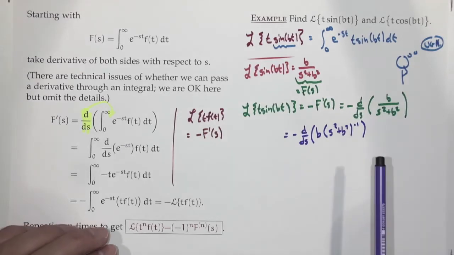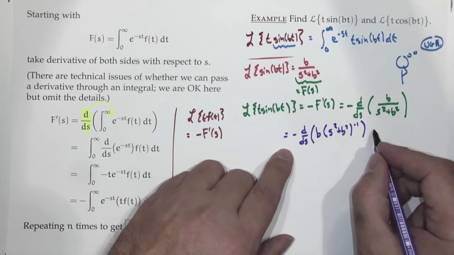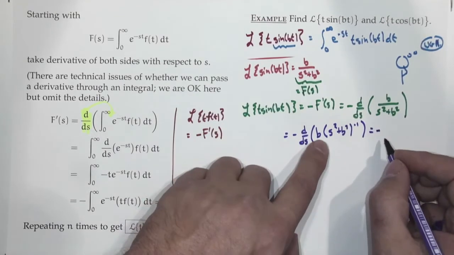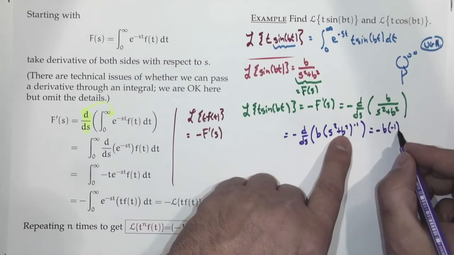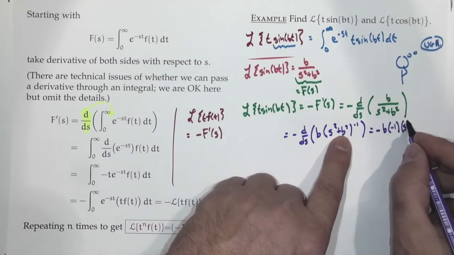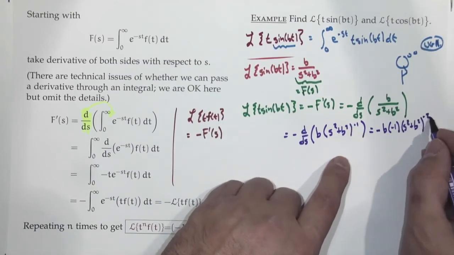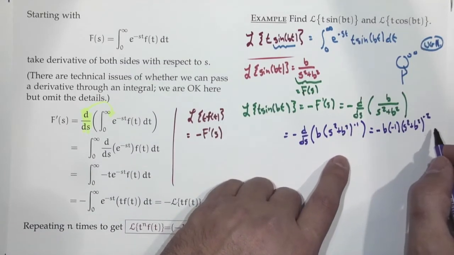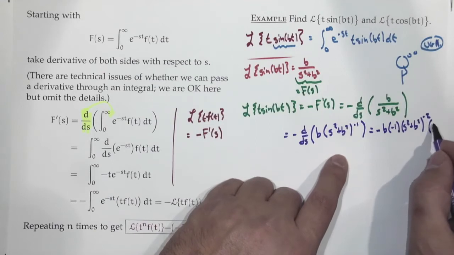And then we can use a chain rule. Okay, so we have the minus in front. The b is a constant. When we take this derivative, the minus 1 comes down, and it's s squared plus b squared to the minus 1, so that's minus 2. And then the chain rule says we multiply by 2s.